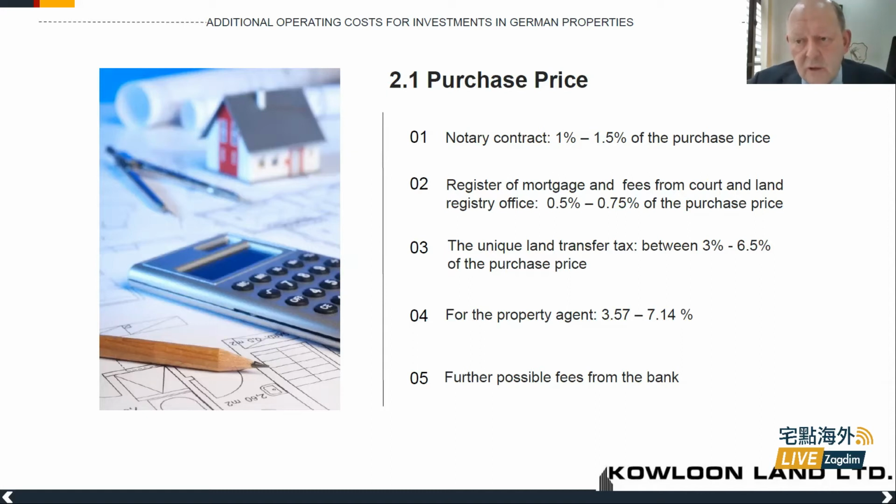Also, every notary contract will be registered by the court and by the land registry. So these fees are not so high, but they will come, and you will have to pay them by separate invoices from the court and also the land registry.